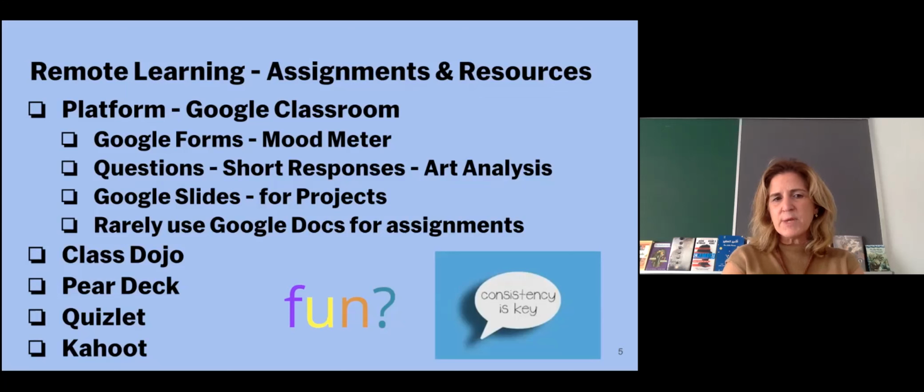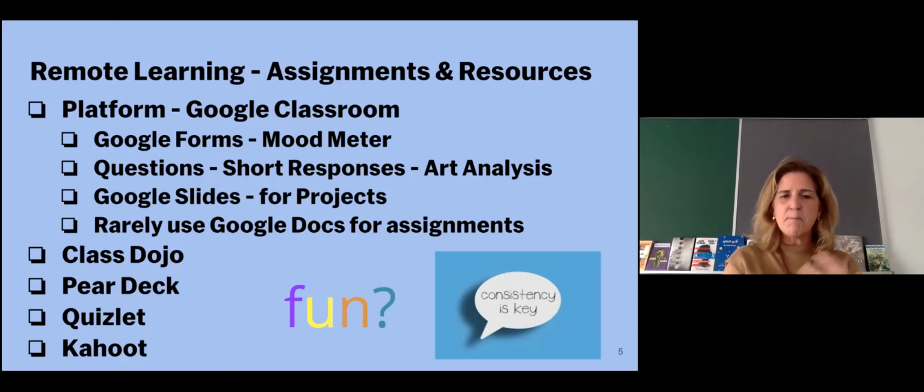So what are some of the resources that you can use? My feeling is, how do you make it fun? But you have to be consistent, because if you're not consistent, then students don't know what to do, and you waste time. So you have to be consistent with your choice of technology, and it also has to be engaging and fun. For some of the younger grades and the math teachers, I'm noticing that they're using Pear Deck, a platform that allows you to draw and solve math problems.